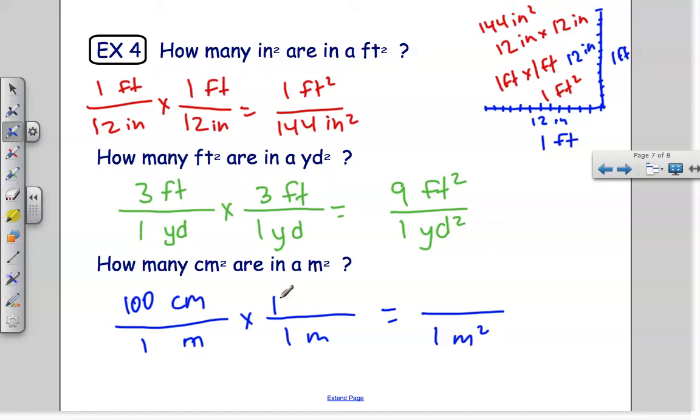Which means in that second meter, like the vertical one, there's another 100 centimeters. 100 times 100, or 10,000 centimeters squared in 1 square meter. That would be hard to draw, right? 100 by 100, and you'd have 10,000 square centimeters in that 1 square meter. So keep this in mind when you're looking at conversions between square units, talking about areas of trapezoids, rhombuses, and kites today.